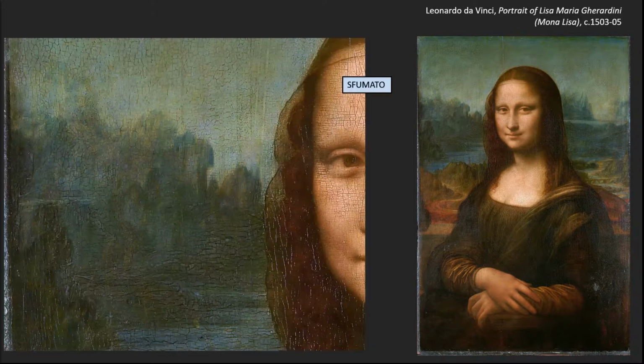We can also see that in the 20 intervening years from Ginevra da Benci to the Mona Lisa, the sfumato has gotten deeper and thicker, right? That smokiness has become more obscuring. So we still have in the background those strange vertical jutting rocks that we saw in the Madonna of the Rocks in the 1480s.